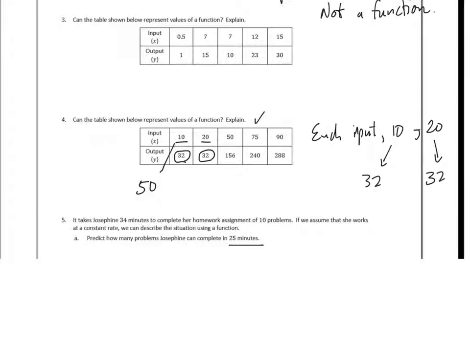Constant rate is really important, because if we don't have a constant rate, this problem is just not going to work. Generally, when we're dealing with constant rate, we say that the rate k times another value x equals y. So the rate k is the ratio of y to x.